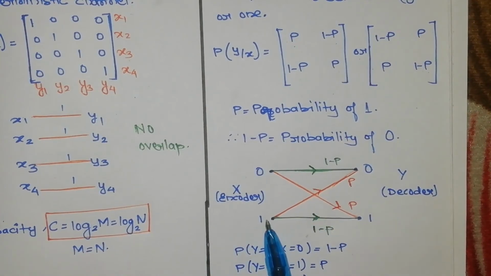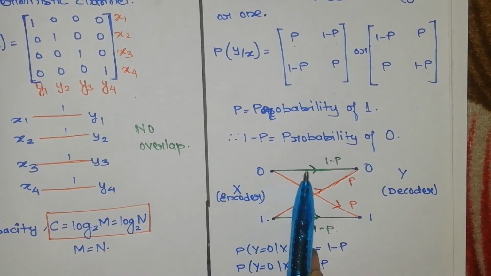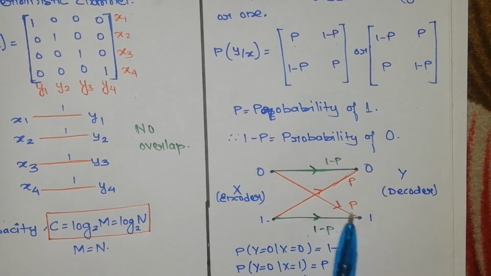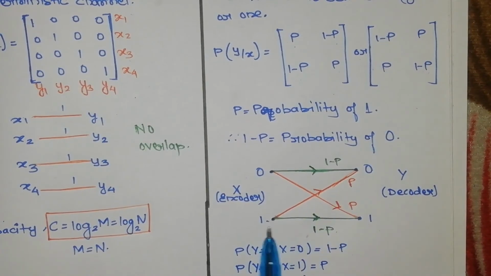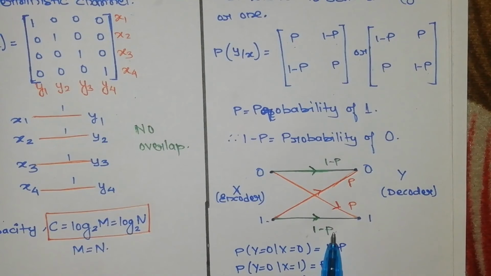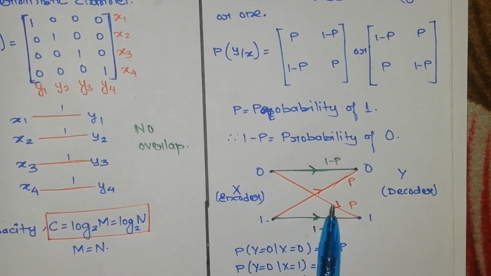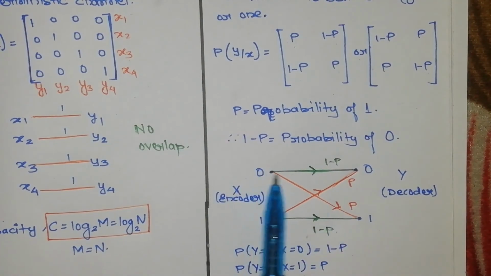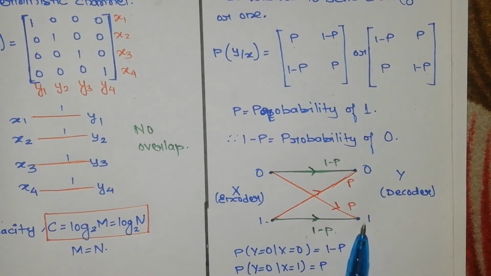Similarly 1 will also have two outcomes, 0 and 1. The weightage from 0 to 0 will be 1 minus P, from 0 to 1 it will be P, from 1 to 0 it will be P, and from 1 to 1 it will be 1 minus P. So what we can see from the mapping is that if there is a change of state, the weightage is P, that is the probability of 1, and if there is no change of state, that is 0 to 0 and 1 to 1, the weightage will be 1 minus P.